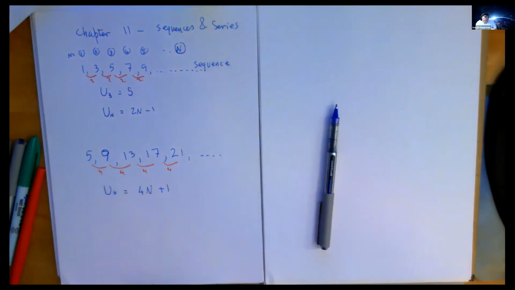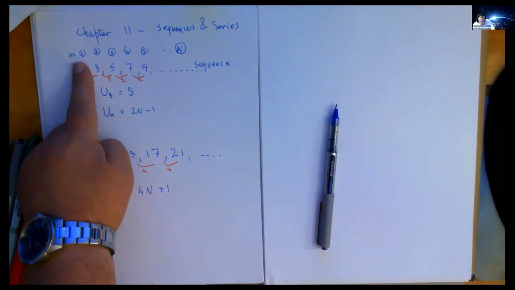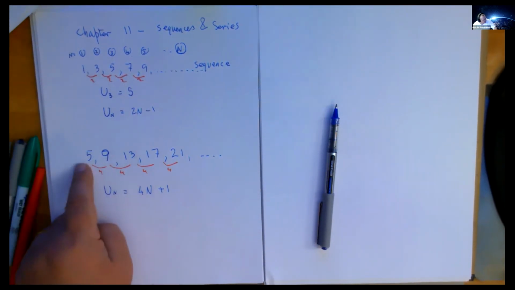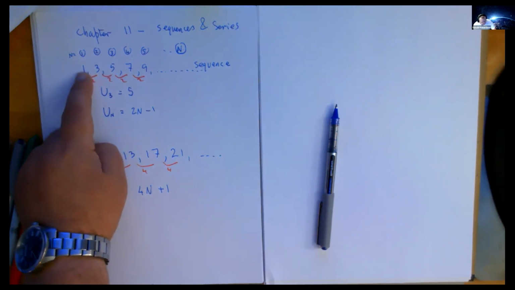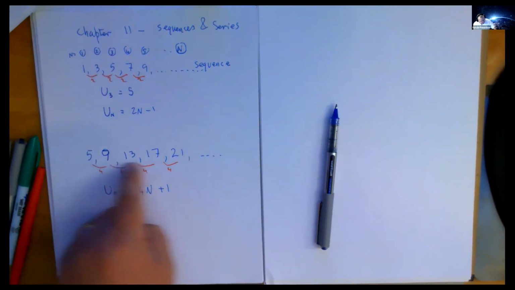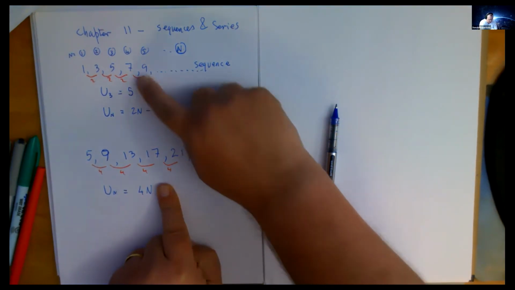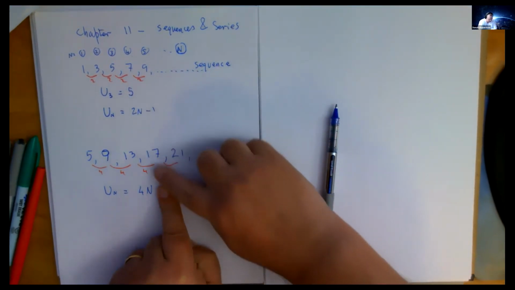And I'll explain the 4 part. When you have a sequence that's made up of any number, it doesn't need to start at 1. You know, over here it started at 5, right? You can start any way you like. But once you start with that number, you just continually add the same amount. In this case, you add 2s. In this case, you add 4s. Those formulas are always going to start with, in this case, 2n, and in this case, 4n, right?